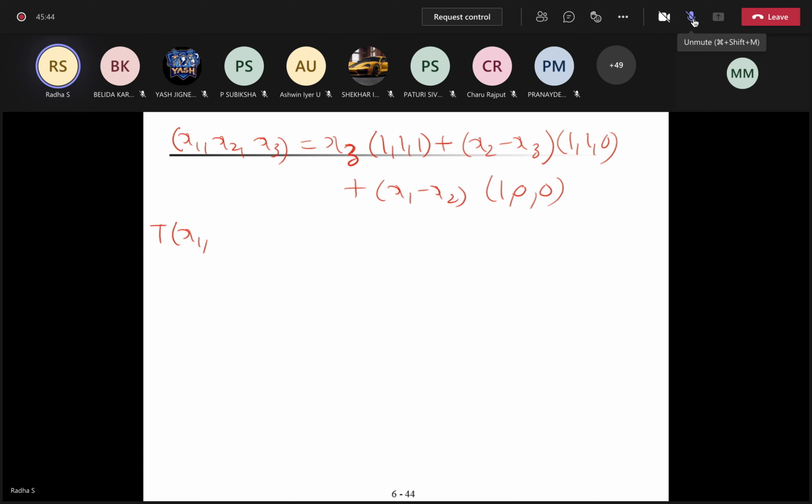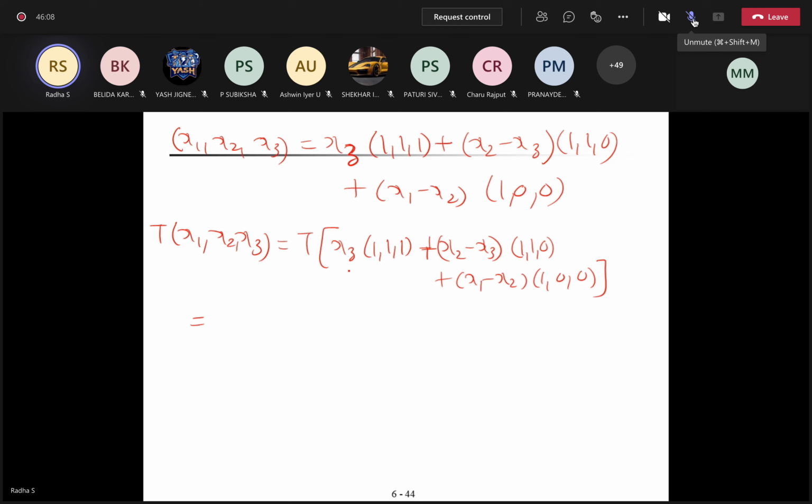So now T of this is T of the whole expression. What will you do if you apply T to this? What should be the next step here? Take x3 outside.